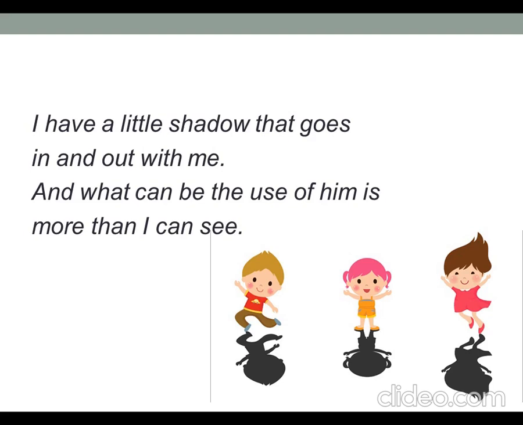And what can be the use of him is more than I can see. Now the poet is thinking, what is the use of shadow? He sees there is no use of him, but he is saying that the use of shadow is maybe more than I can see. I cannot see any use, but maybe it's there. It's more than what he can understand.